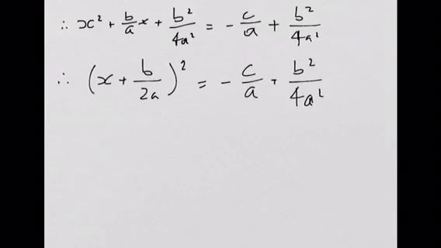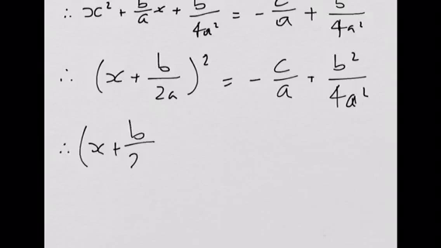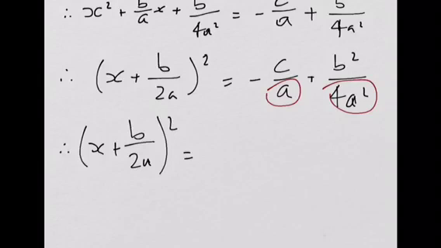Okay. Now, let's make the right hand side a bit neater before we take the square root of both sides. So leave our left hand side how it is, x plus b on 2a all squared equals, and we want to get a common denominator for these. So we've got 4a squared here, and we've got a here. If we multiply the c on a by 4a top and bottom, we'll have a common denominator.